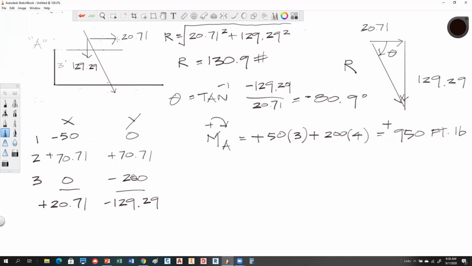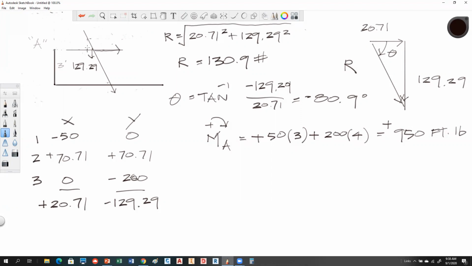I'm going to slide this guy down and that guy down. By sliding these down, this one is now running through point A, so he drops out of the equation. So the only thing I'm left with now is this one.